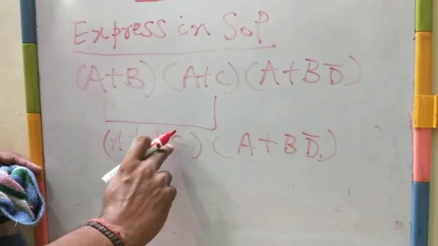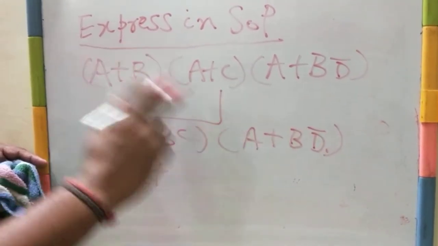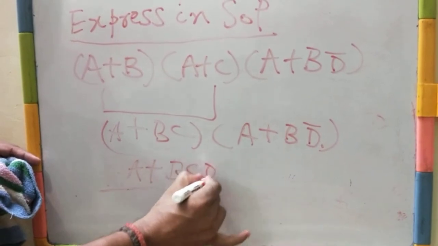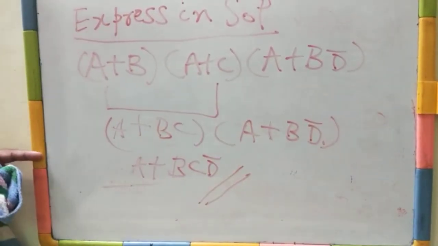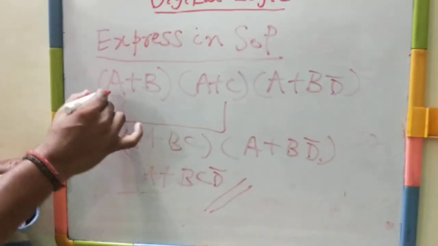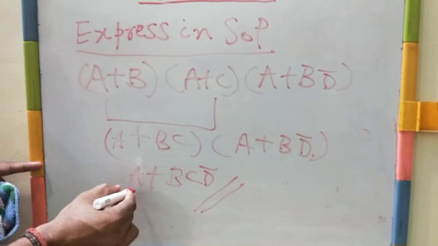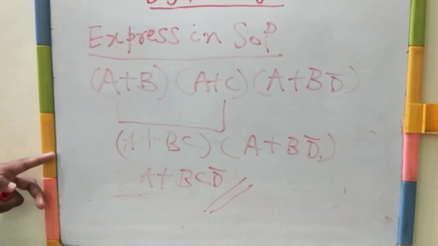BC into BD dash. B into B is B. So what will we be getting? BCD dash. So it is our required SOP form. This given expression has been reduced to an equivalent SOP form: A plus BCD dash.